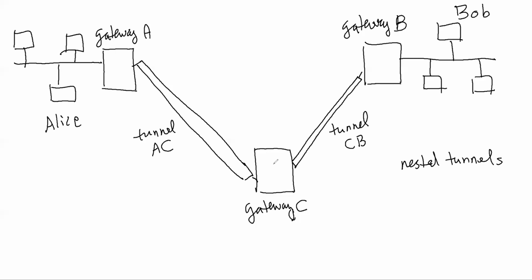Of course, the protection for each tunnel may be different. Here, I'm going to use the width to indicate the security level. A bigger width is stronger, a smaller width is weaker. So the security level of this nested tunnel from A to B will not be better than the weakest tunnel, because you will need to go through that tunnel.